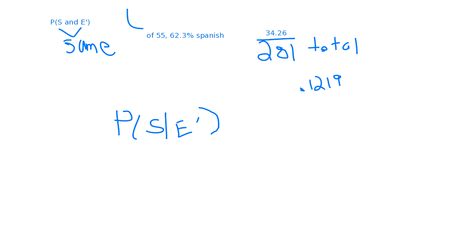So the formula is P, S, and not E, over those that do not speak English.